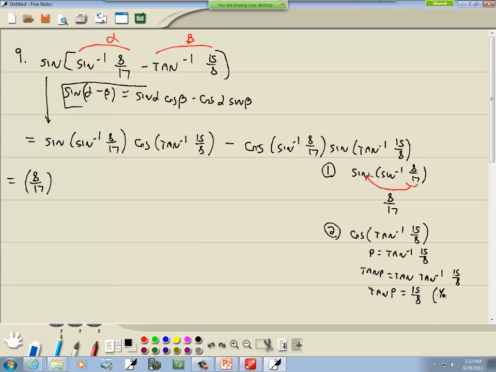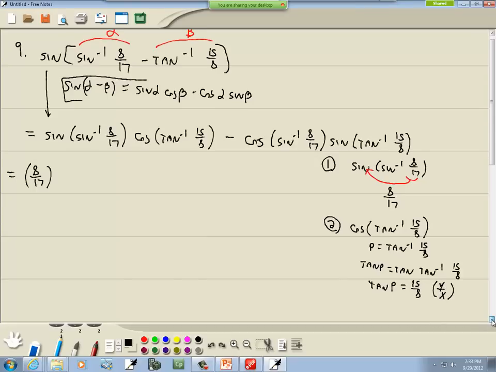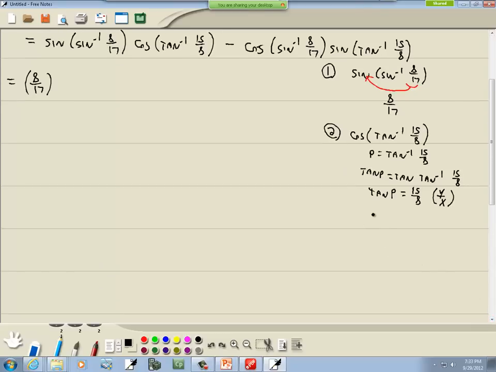And remember, tangent is y over x. So y is equal to 15 and x is equal to 8. Now, quadrant-wise, inverse tangent is valid here and here. And specifically, tangent is equal to a positive number, which is here and here. So we're dealing with quadrant 1.